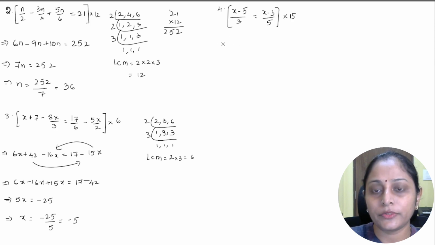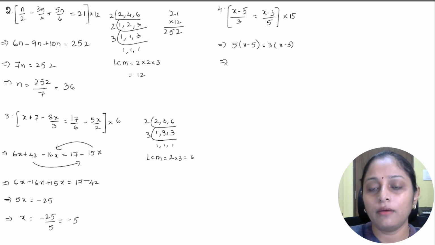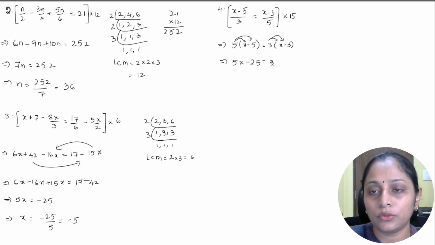So now I have 5 times of x minus 5 is equal to 3 times of x minus 3. I'm going to open the bracket, 5 into x, 5 into 5, 3 into x, 3 into 3. So 5x minus 25 is equal to 3x minus 9, which implies, now use the transposition.